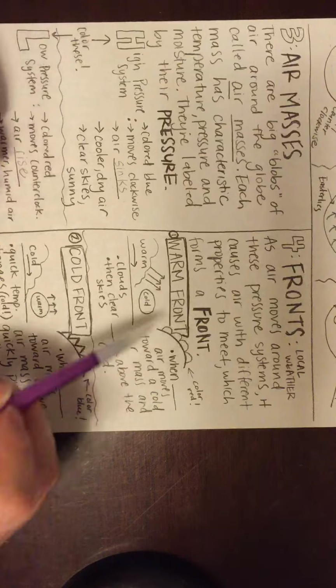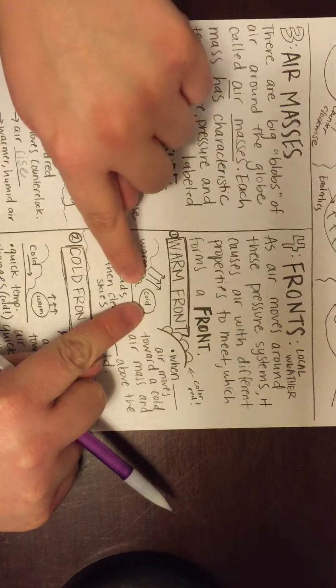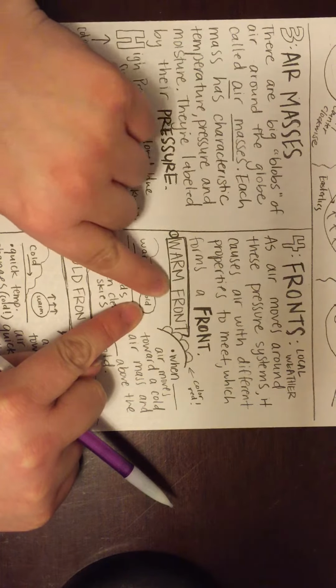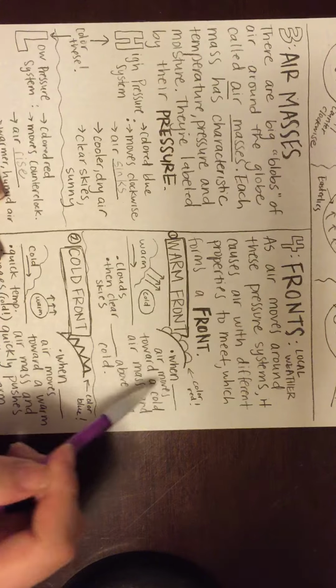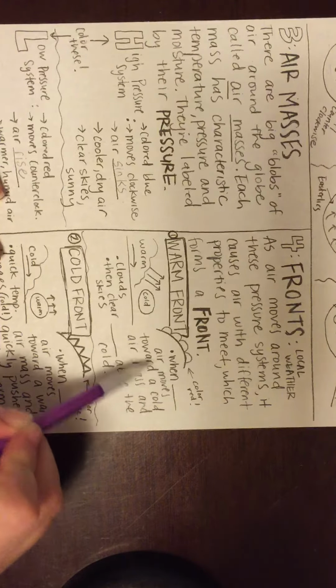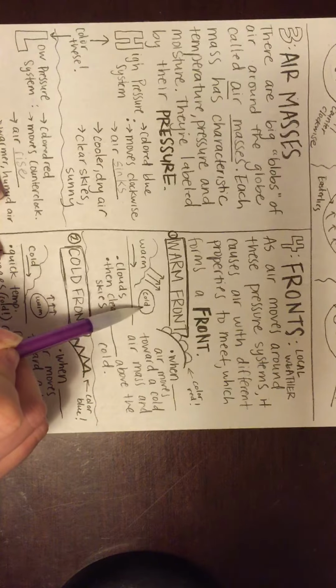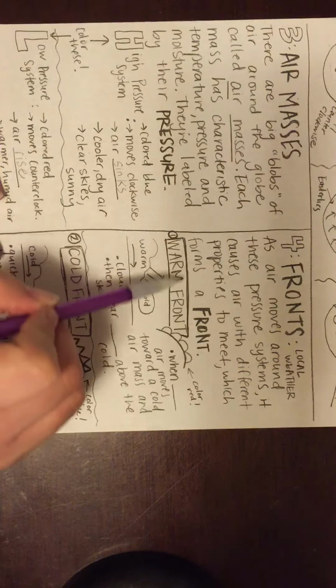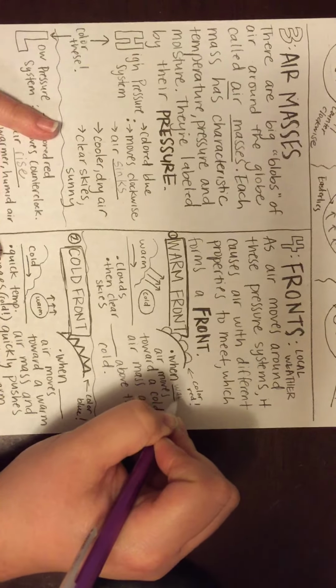So, like I said, it's when there's already a cold air mass existing and warm air comes in and meets the cold air mass and rises above it. Here's the description. Let's fill out these blanks. When blank air moves towards a cold air mass. What kind of air moves toward the cold air mass with a warm front? That would be warm air.